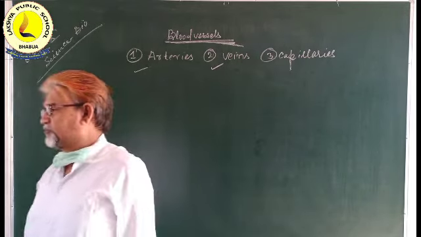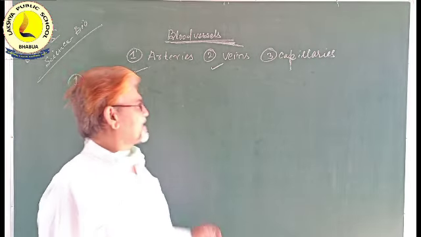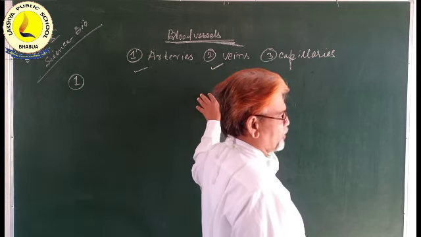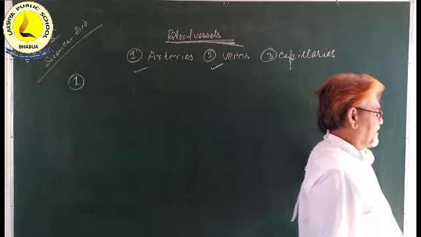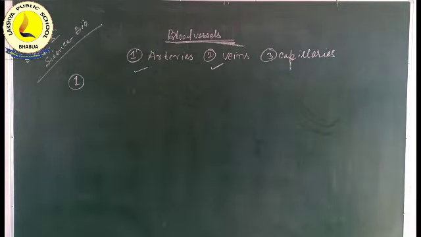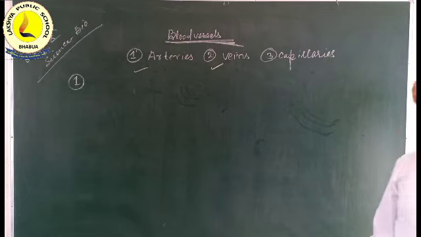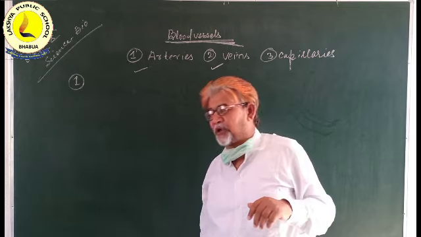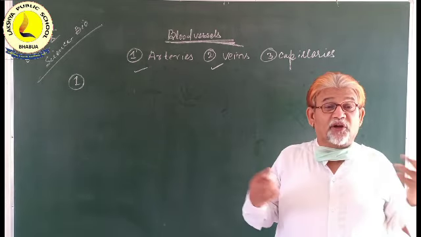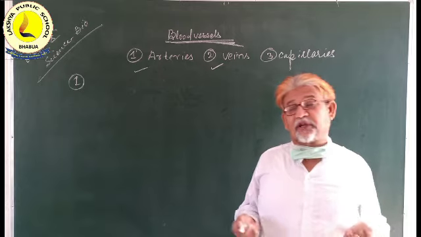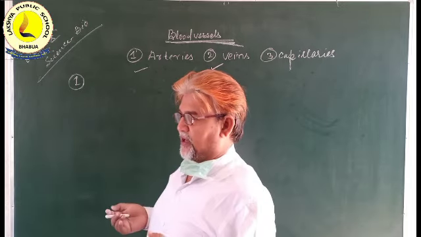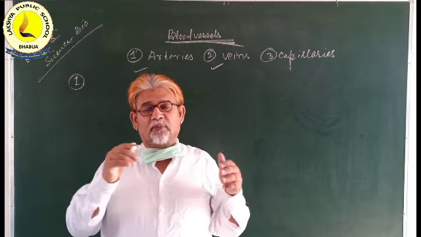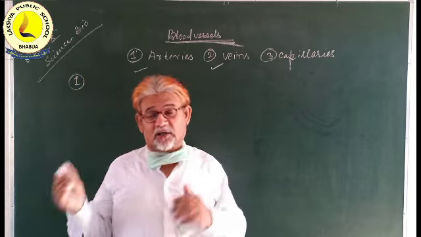Now, the second is the veins. Veins are thin wall and they are superficially located just below the skin, not deep, and they always carry deoxygenated blood from the body towards the heart.